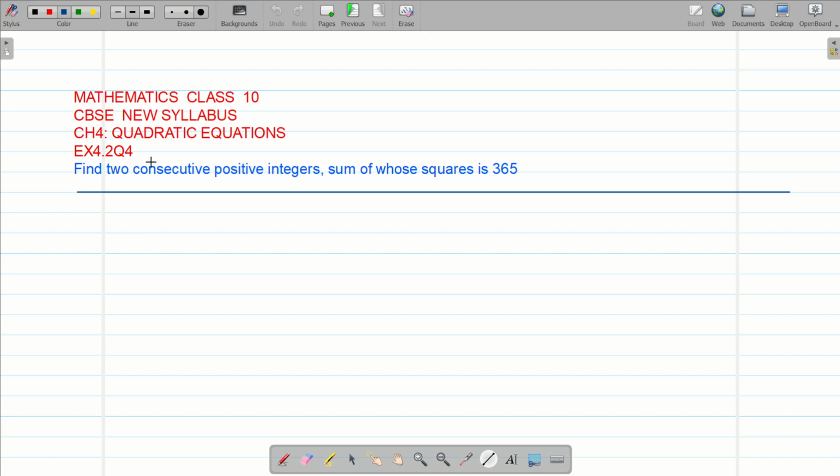Question number 4. Find two consecutive positive integers, sum of whose squares is 365. Two consecutive positive integers. Let the required positive integers be x and x plus 1.